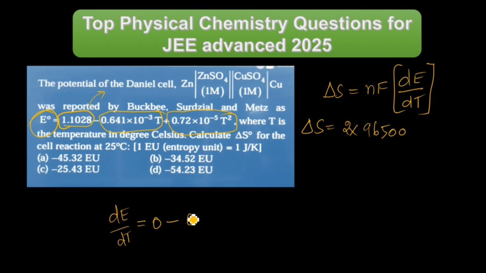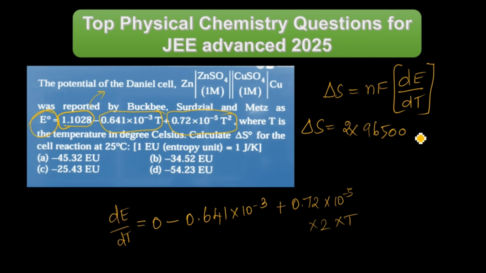So I'm taking it as such, 6.641 into 10 to the power minus 3. And then I'm having T square. So T square means that will come to further multiplication. So plus 0.72 into 10 to the power minus 5 into 2T. So this is the value we have.